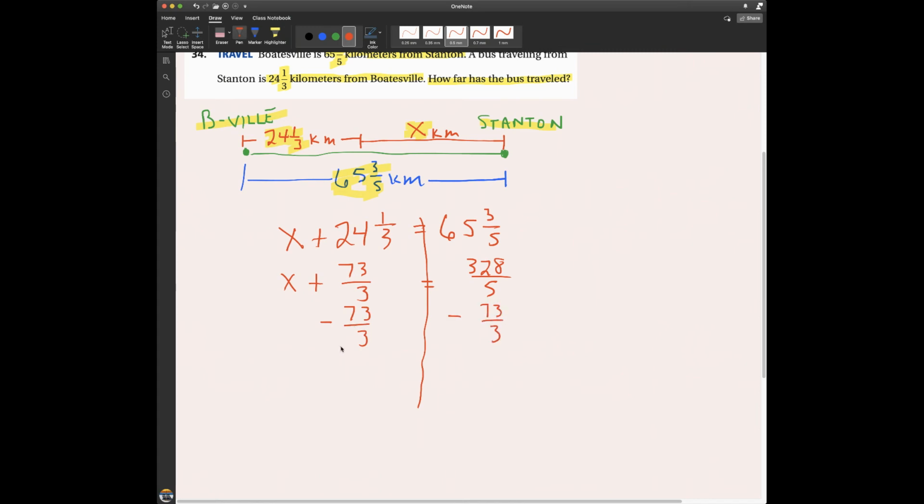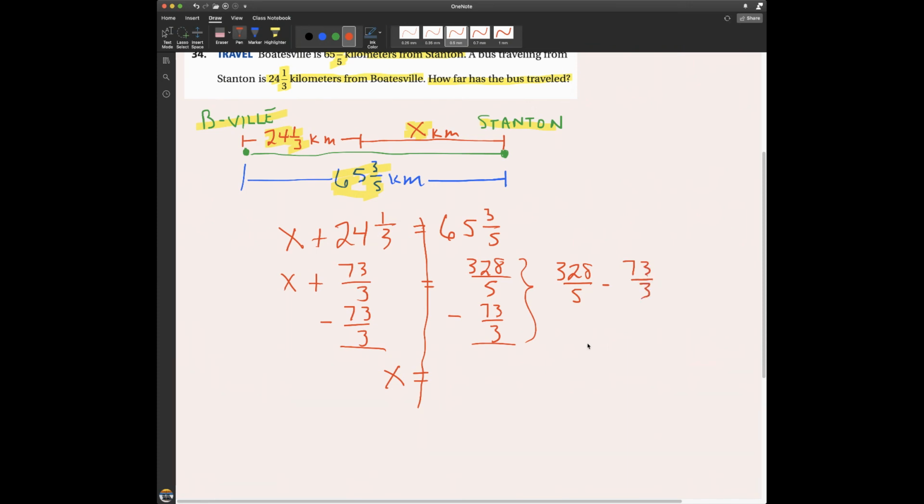And I end up with, on this side, 73 over 3 minus 73 over 3 is 0. I get x equals. So now I need to figure out what this expression is. So let's write 328 over 5 minus 73 over 3.